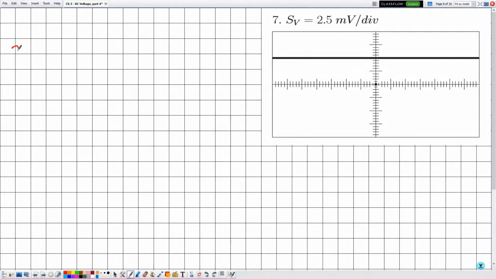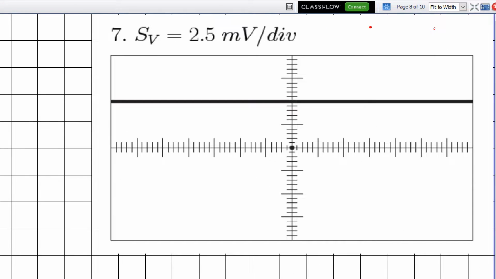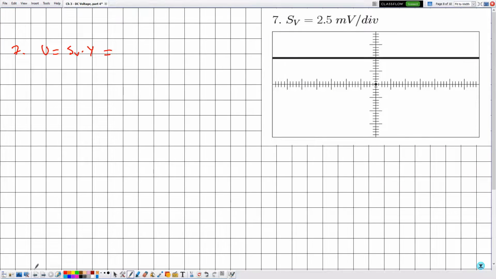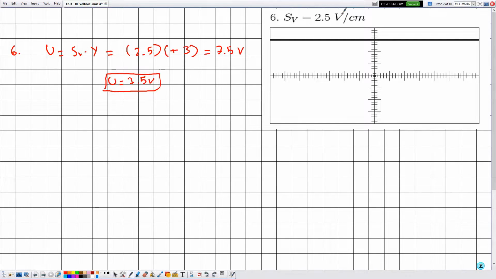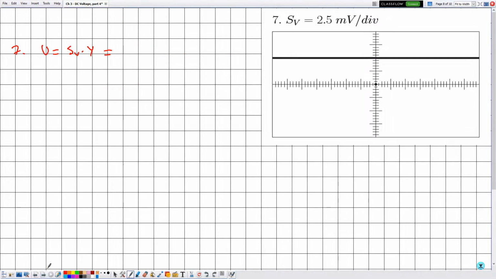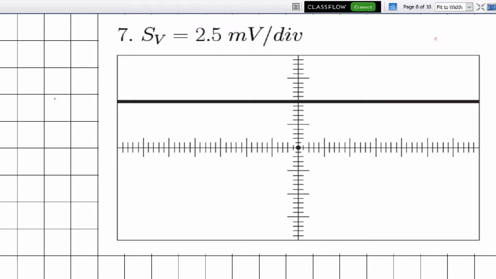Now part 7, U is equal to SV multiplied by Y. Notice that here SV is given by 2.5 millivolts per division. Notice that previously the unit of SV was given in volts and not millivolts. Later on I will discuss the conversion of units, I think, in part 5. But now let's take it for granted: from millivolts per division into volts per division, we simply divide by 1000.